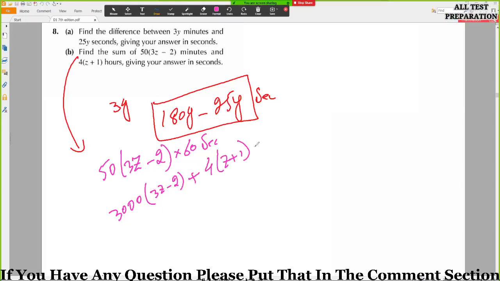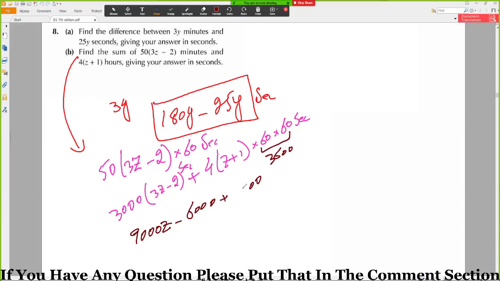In 1 hour we have 60 minutes, and in 1 minute we have 60 seconds. This is seconds and this is also seconds. So this will be 9000z minus 6000 plus 4 times 3600.